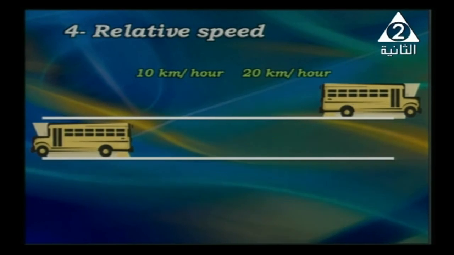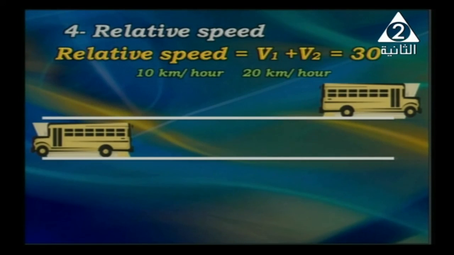Equals 40. So the first one and the second one have a relative speed between them that is the summation of the two speeds, from the first car to the second car or vice versa. 30 kilometers per hour means the two speeds are added to each other.